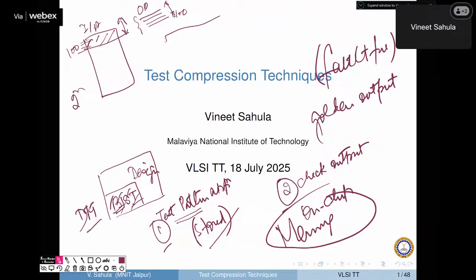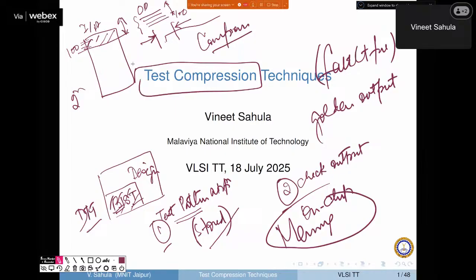I cannot reduce that. What I can do is reduce the output width, or I can compress the output. So my memory required is lesser that way. And that's where we are looking at test compression.